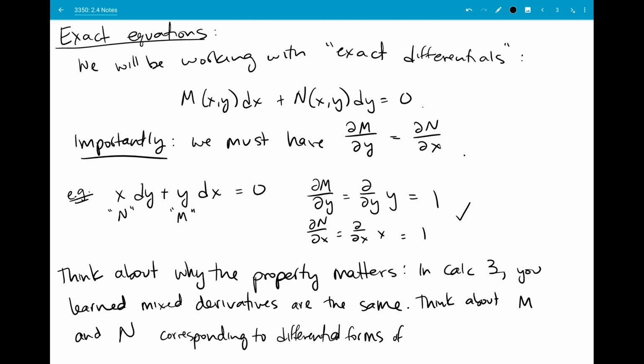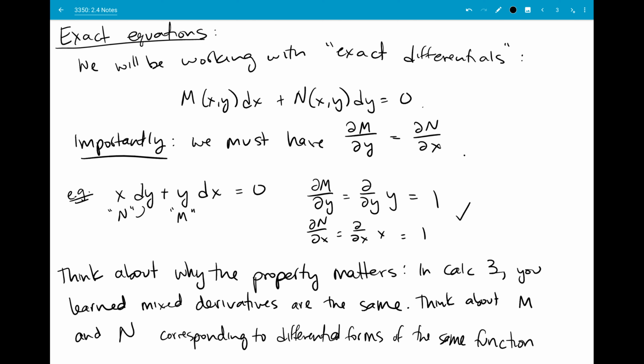M is related to the derivative of a function with respect to x, and N is related to the derivative of a function with respect to y.